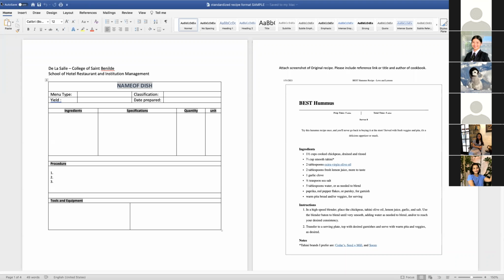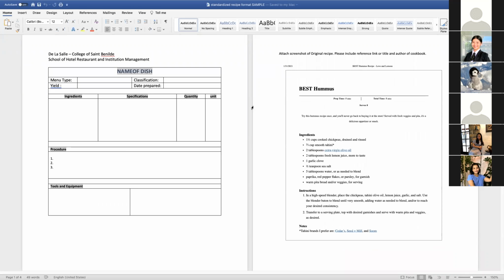Now, part of the homework number 4 that you will be doing is for you to standardize one recipe from a link, from a cookbook, from a website. One simple recipe. So let me give you an example of this.